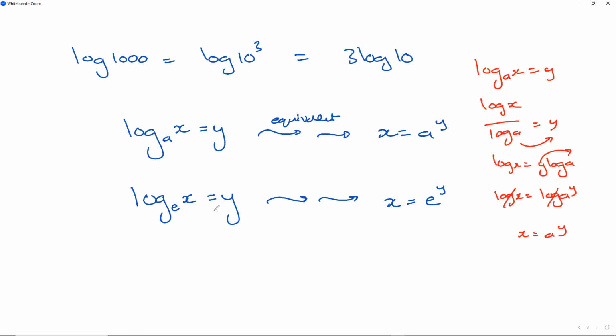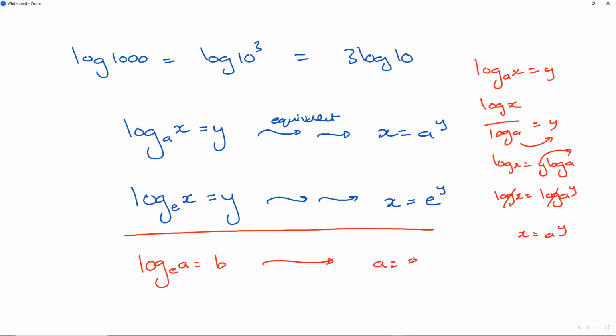And we repeat the same process over here. Let's say we have to change log base e of a equals b. It could also then obviously mean that a equals e to the power of b. Alright.